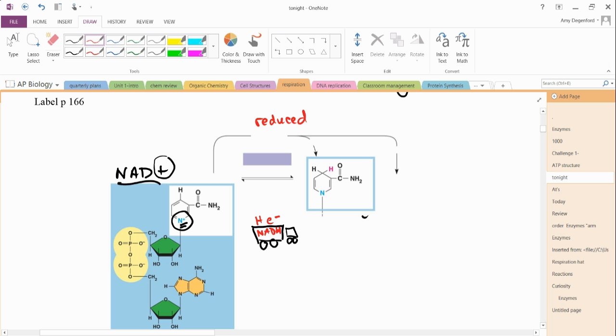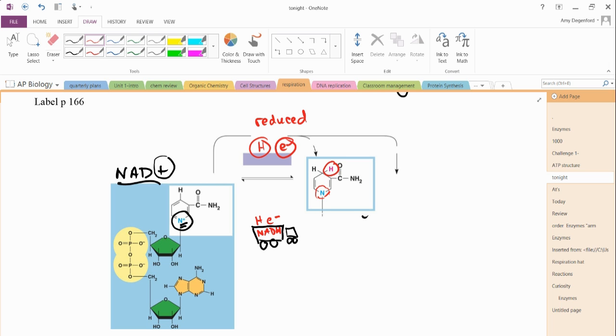Now the question you should be thinking to yourself is, where in the world is this hydrogen coming from? Where is the electron coming from? But once that happens, it loses that positive charge. We now add a hydrogen to that, and it's become a carrier. So it is an electron and hydrogen carrier.